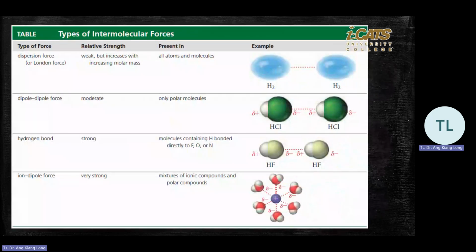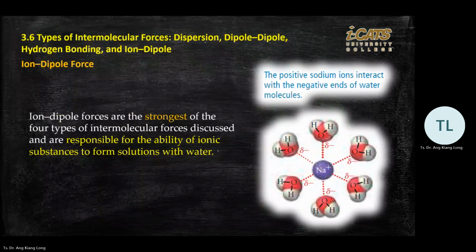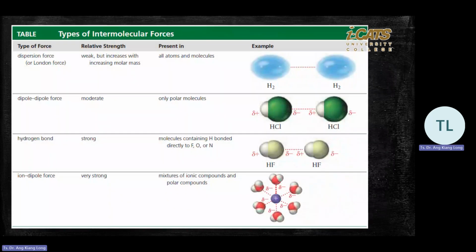So this is a summary of the 4 types. I think I gave it to you in the tutorial, right? This will help you during your revision. These are the keywords when we ask you about a certain type of force.